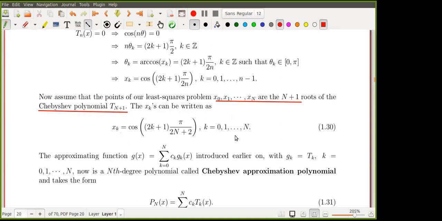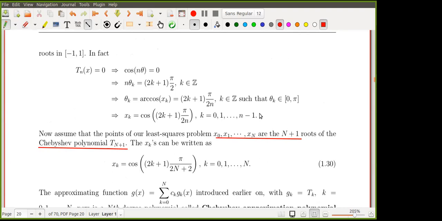So how do we come about that? We just let this n minus 1 equal to capital N. And if we count the total number, we know that we have capital N plus 1 roots.